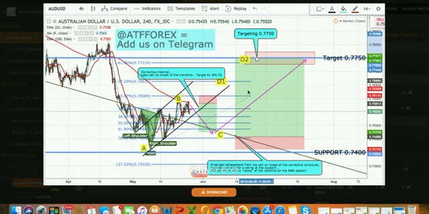Now the Fibonacci tool works by highlighting your low to your high and then waiting for your retracement zone right there. So depending if it's going to be on the 50% line, 68%, then you'll be able to project what your next target is going to be.